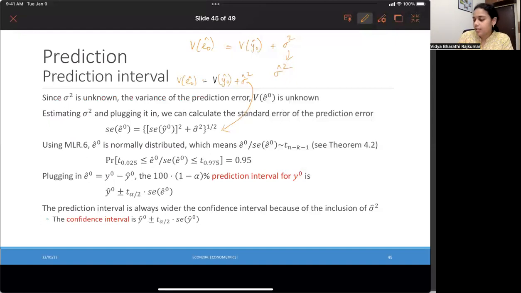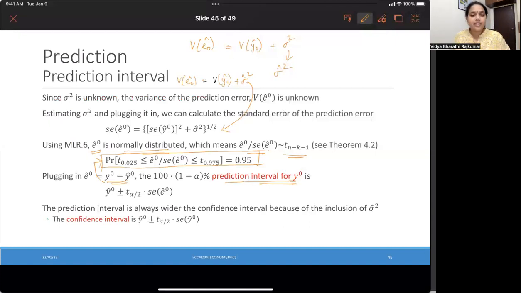And just a couple more points very quickly. From the OLS assumptions, the residual U hat or E naught hat in this case is normally distributed. So if we write down the T stat, when you don't know the error variance and you estimate it, it follows a T distribution. So we can essentially write down a confidence interval for E naught hat using the T distribution. And because E naught hat is just Y naught minus Y naught hat, you can come up with a prediction interval for Y0 by just plugging this into this equation.